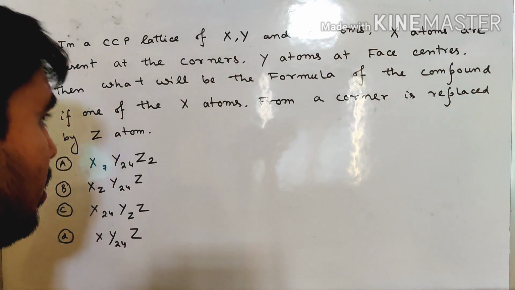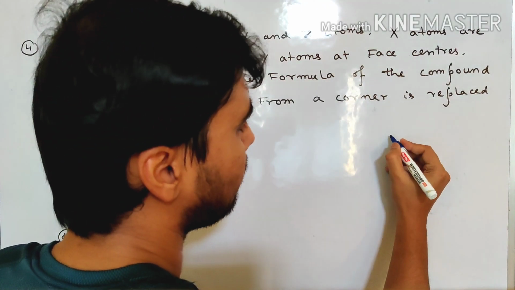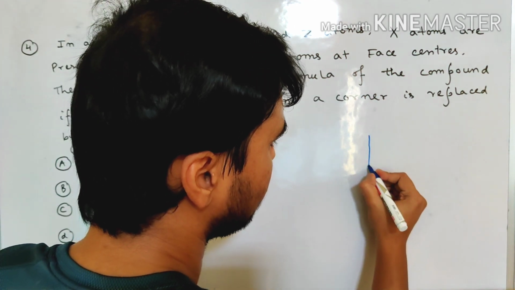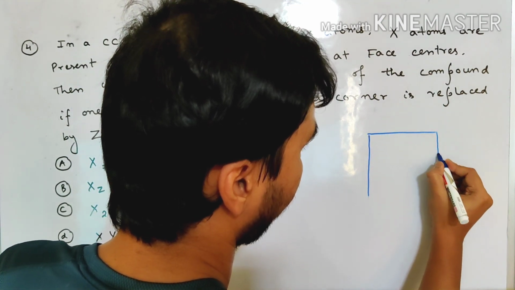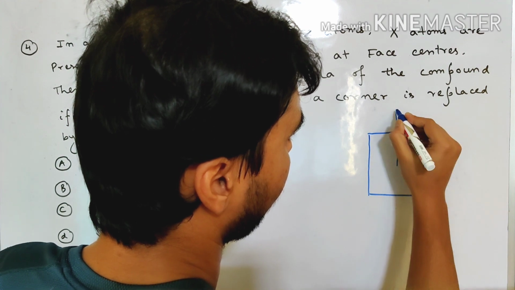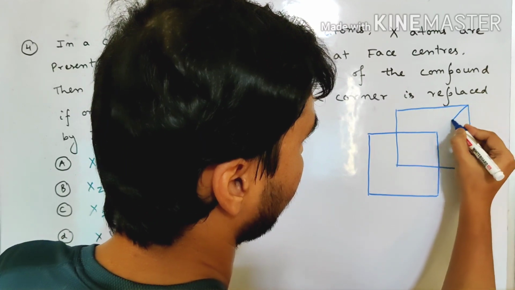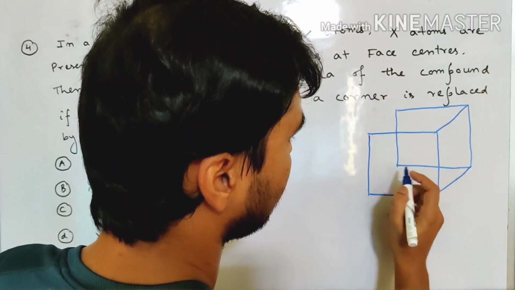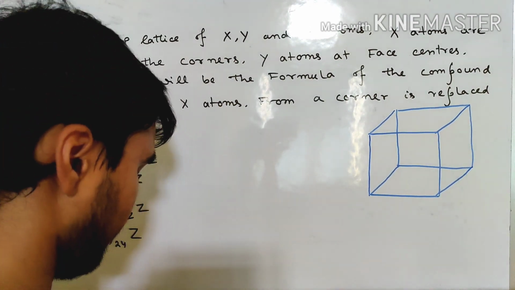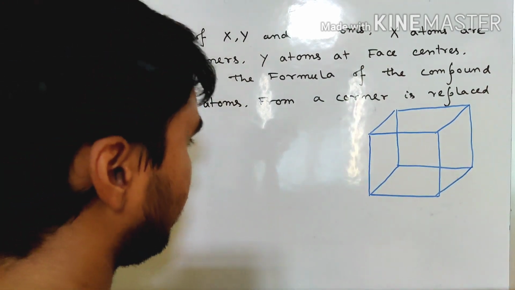So while solving the problem, first let us visualize the situation of this lattice. It is an FCC lattice, CCP or FCC I can say. So this is a cubic unit cell. Now let us visualize. It will make the job easier. So we have Y atoms at face centers, fine.